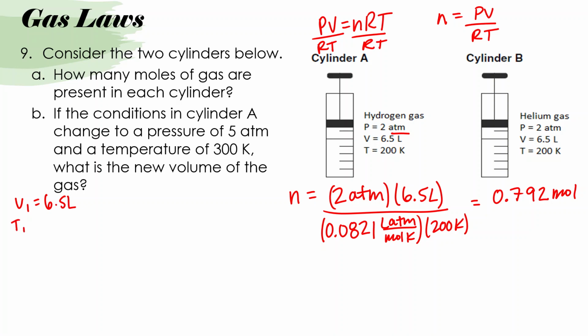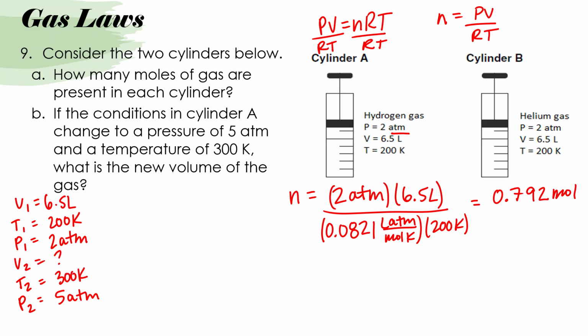T1 is that 200 K. P1, rather, I should say, is going to be that 2 atm. So then we want to know if the pressure changes to 5 atm and the temperature changes to 300 Kelvin, what is going to be the new volume of the gas?